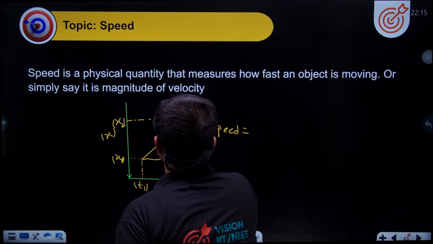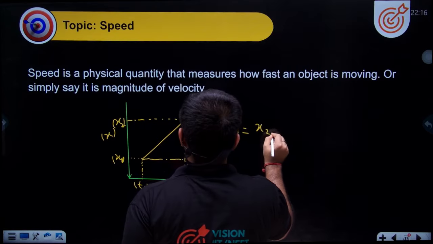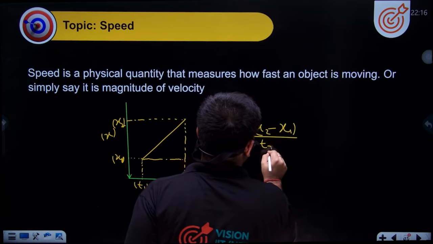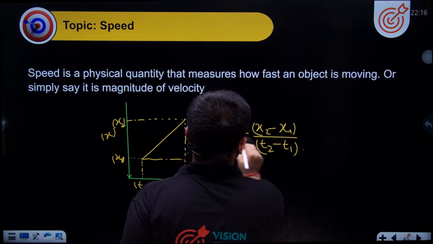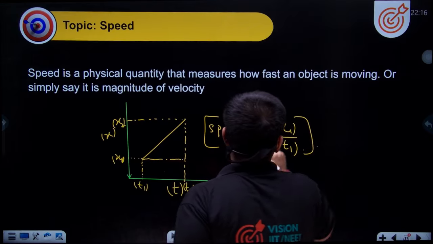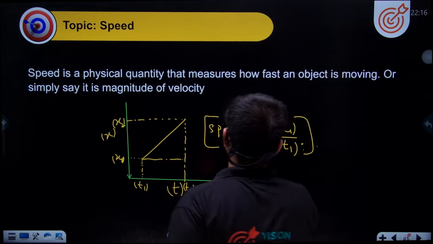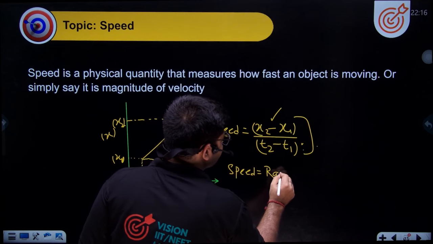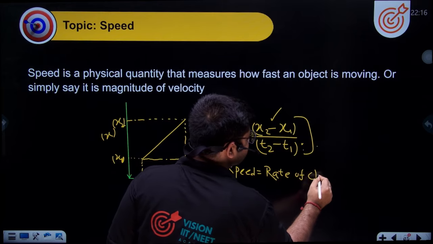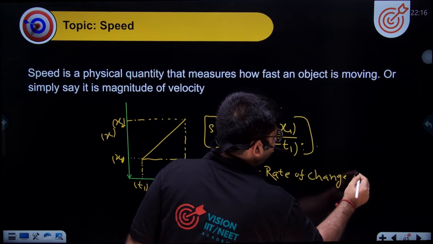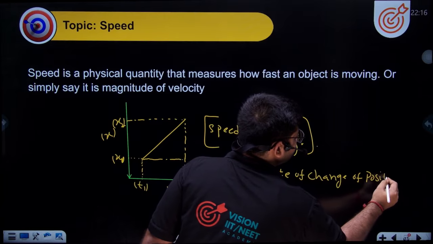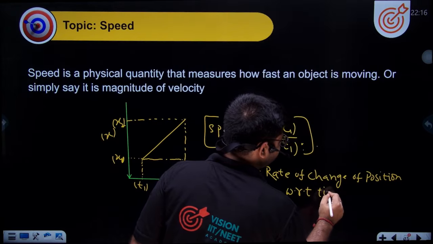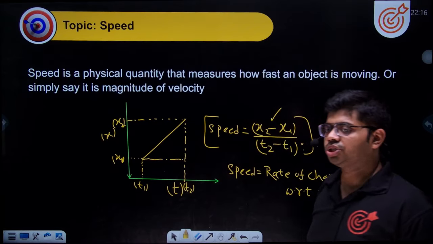The slope is nothing but x2 minus x1 divided by t2 minus t1. So speed is the rate of change of position with respect to time.